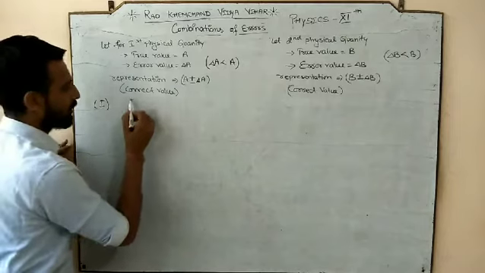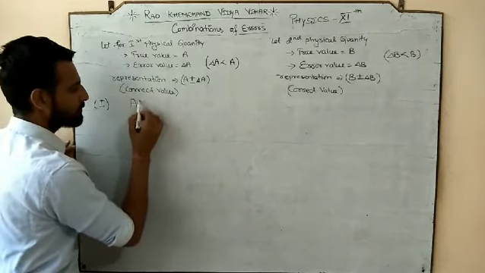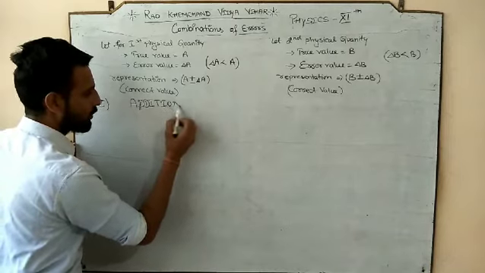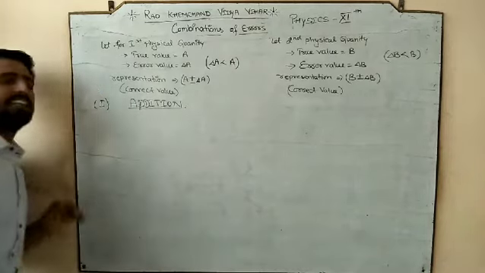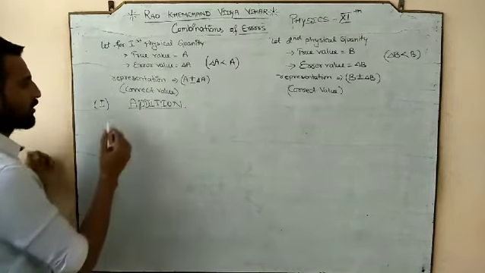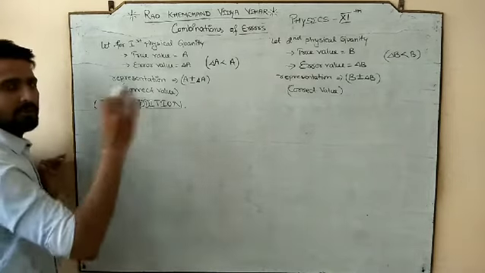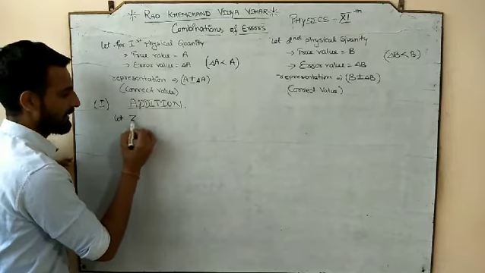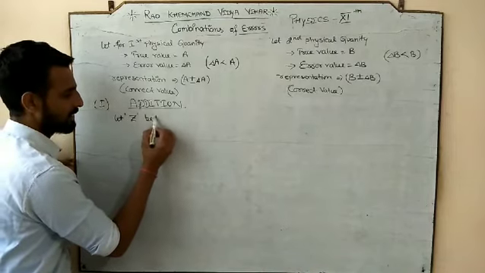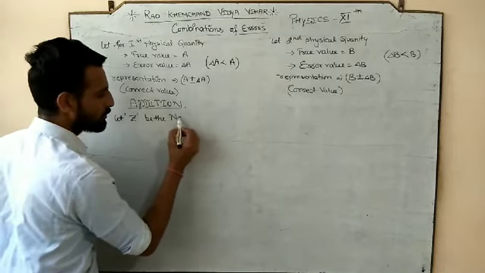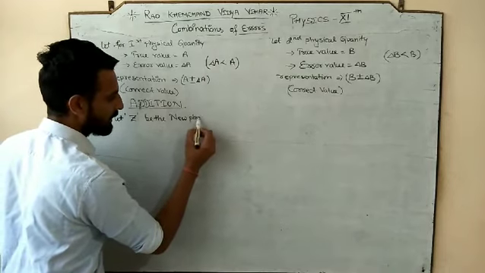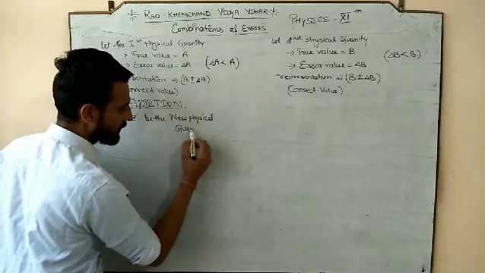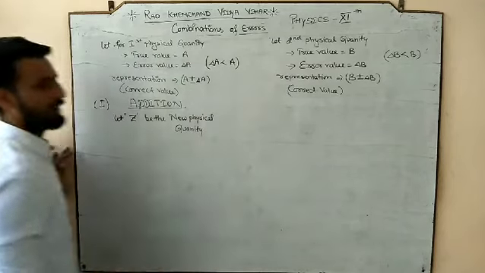So first of all, we are going to perform the addition operation. Let us try to add both physical quantities. Let Z be the new physical quantity, or the new value after addition.